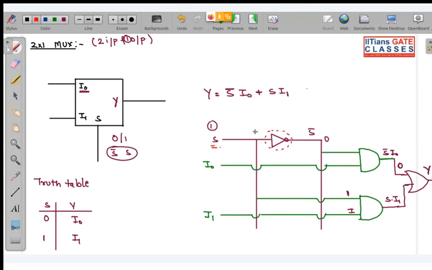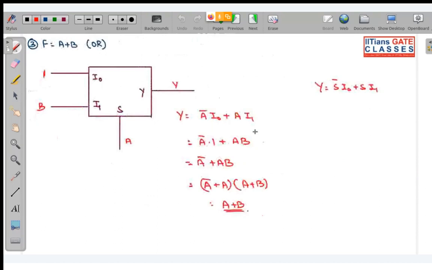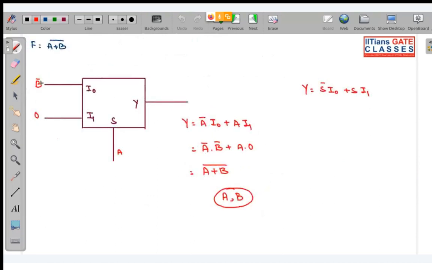Whenever there is a complemented variable, it has been generated using an inverter. So here I have A and B present, but B complement I don't have.